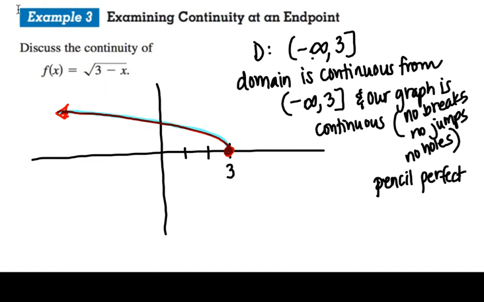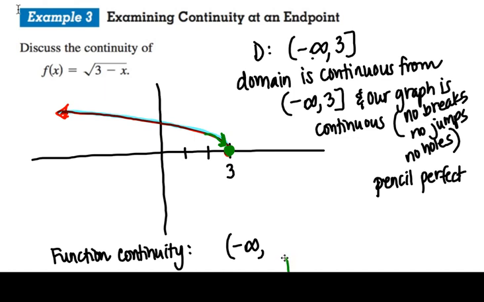So this function, with respect to its continuity, goes from negative infinity to, now when we look at the endpoint, we have to make sure that the limit is equal to the function value.